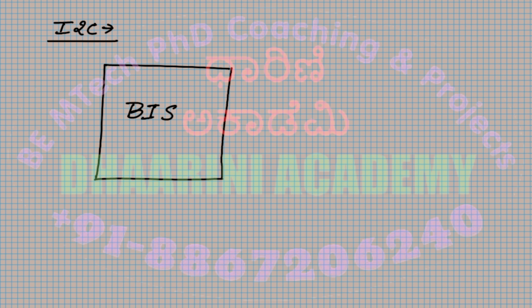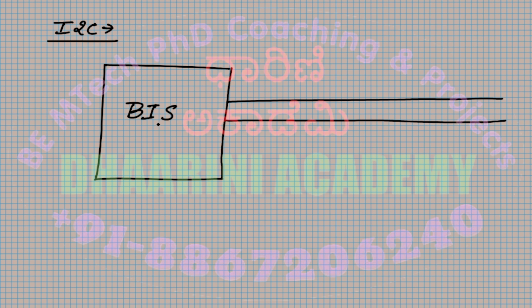It can have two or multiple wires, or 10 wires, 100 wires, doesn't matter. So this BIS represents all the buses present in your system. I'm writing it in a block diagram, but basically it's simply some wires. I'll take a few wires from this, saying that the bus interface system has many wires, out of which I'm taking out one wire.